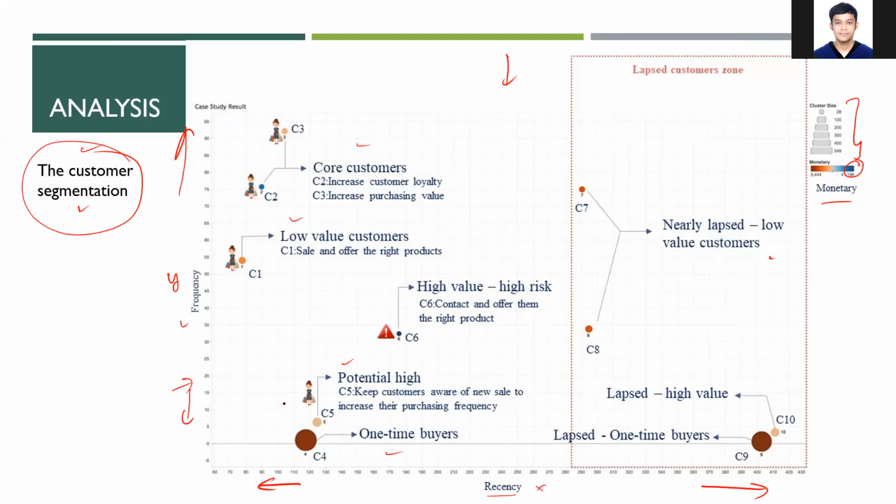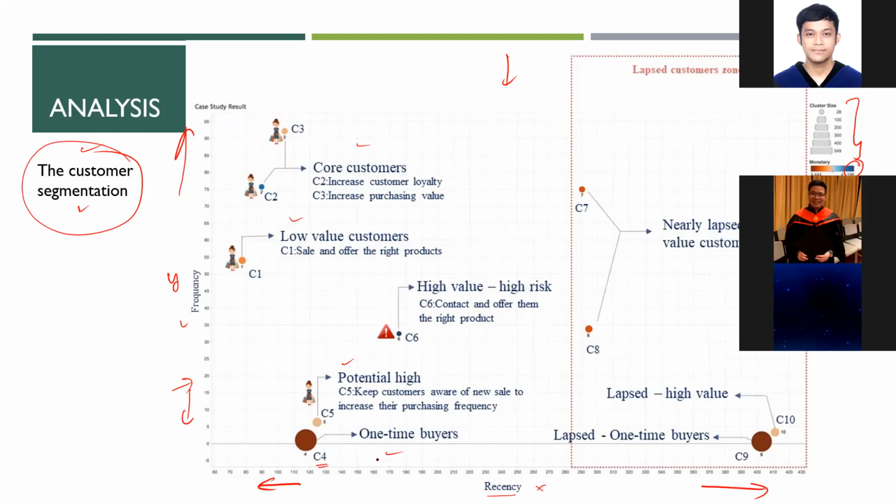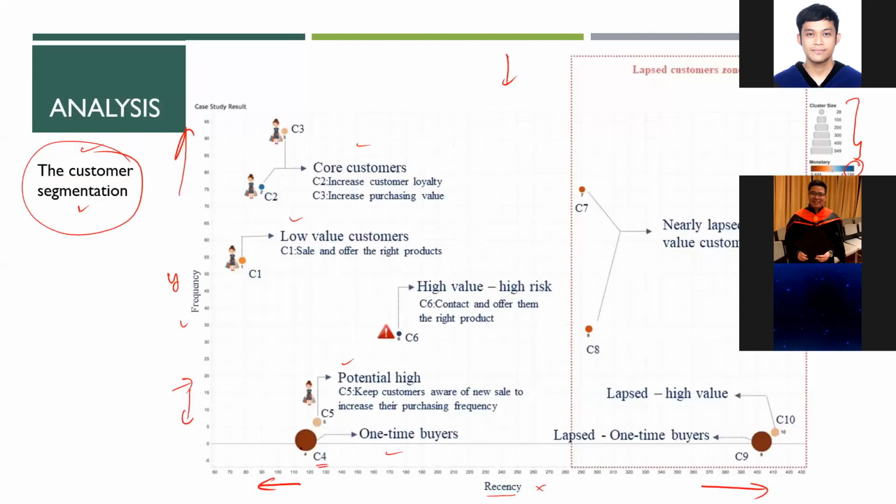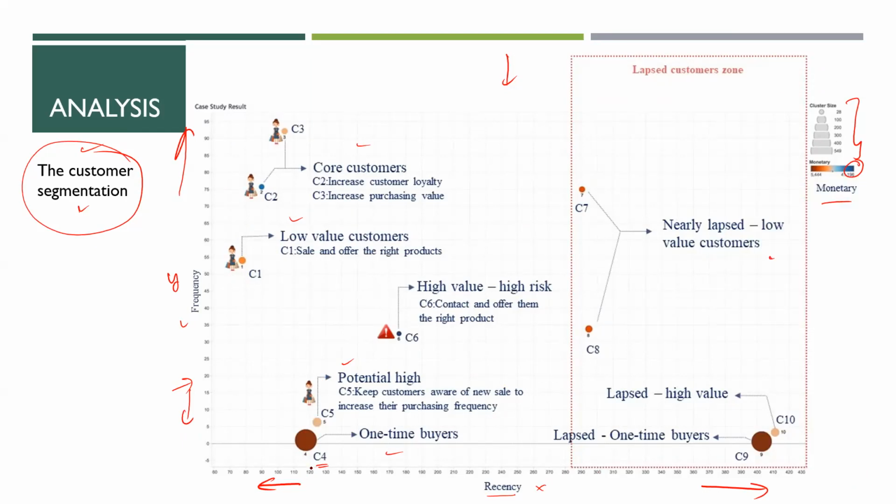For example, cluster 4: it is quite recent, frequency is very few, maybe around 1 to 3 times, and the monetary is not quite big.